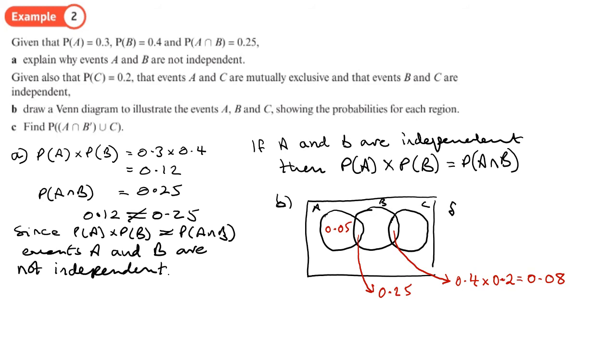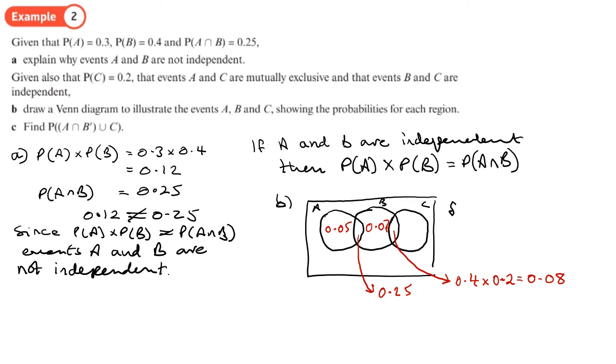Right, now for B, I know that all of B is 0.4, but I've already used up 0.25 from one side. So I'm going to take away 0.25. I'm also going to take away the 0.08 from the other side, leaving me with 0.07. I'm just going to double check that, make sure I've worked it out right.